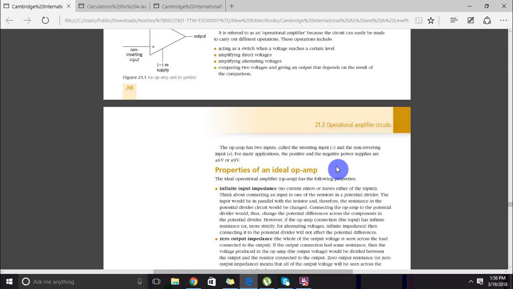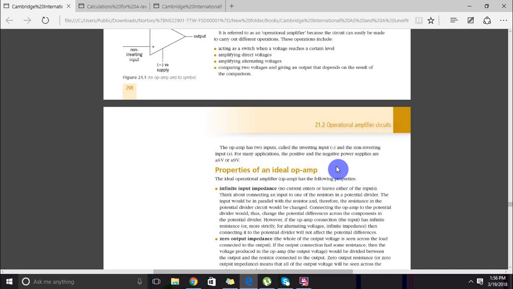Because we'll have two resistors in series with each other, and one of them can have a constant resistance and the other can be a variable one. They're connected to a constant power supply, and because of them being in series, the potential difference is divided.